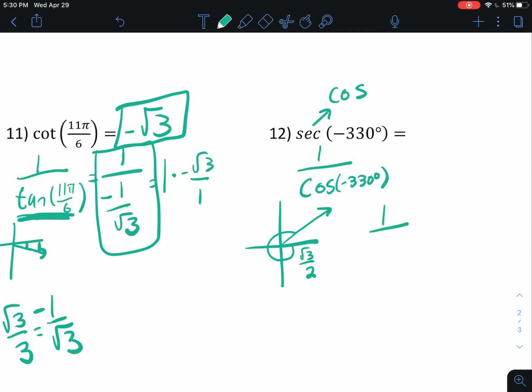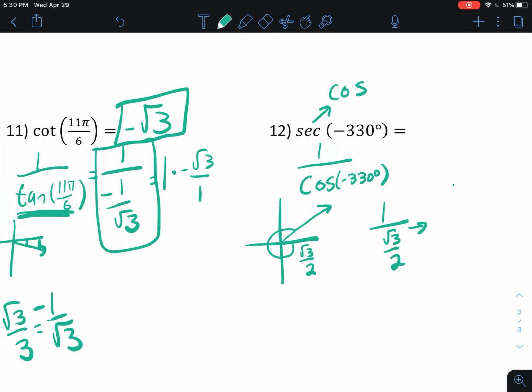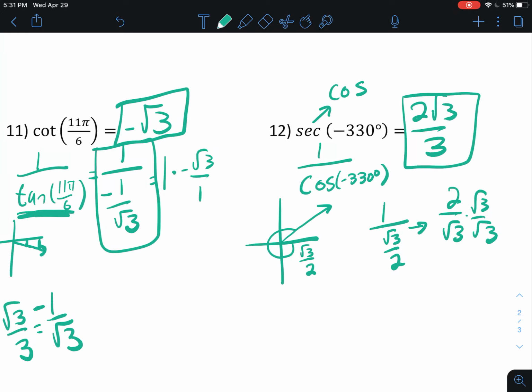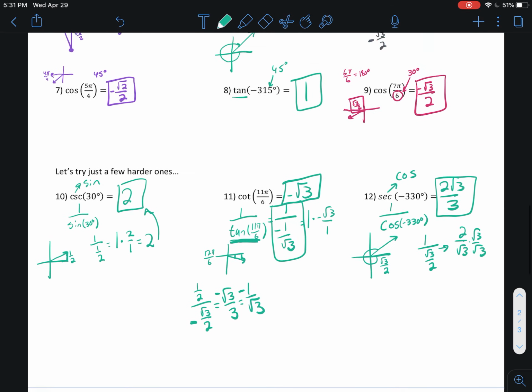So then this is asking us what is 1 over radical 3 over 2. So we've got to simplify this. It's going to be 2 over radical 3 multiplied by radical 3 over radical 3. So that gives us 2 radical 3 over 3. So that one is definitely a little bit more crazy, right?